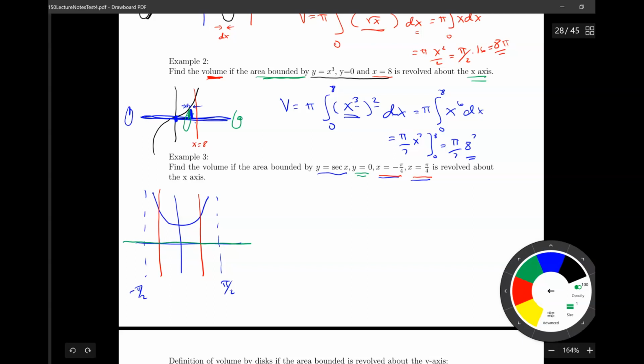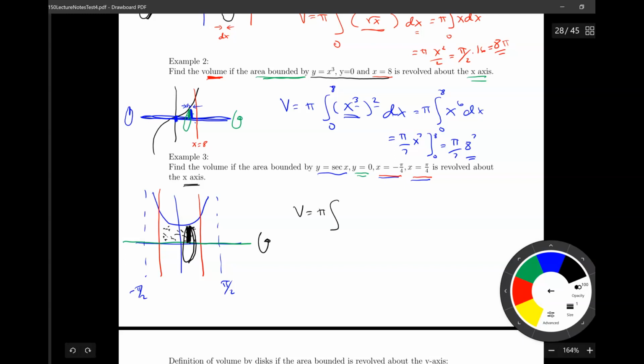Okay, so let's see if I can identify what the area bounded is. The area bounded is going to be this here, right in here. Again, I don't want you to color it in because I want you to be able to draw the rectangle. So this rectangle, I'm drawing it perpendicular to the axis of rotation. So it's the x-axis I'm revolving it about. If I spin it around to see the disk, it has a dx thickness, and I'm ready to set up the integral.